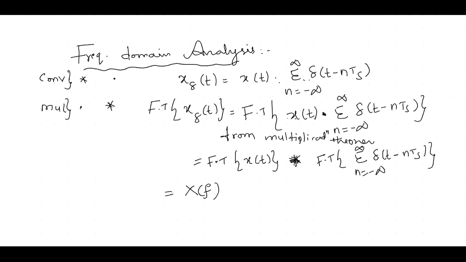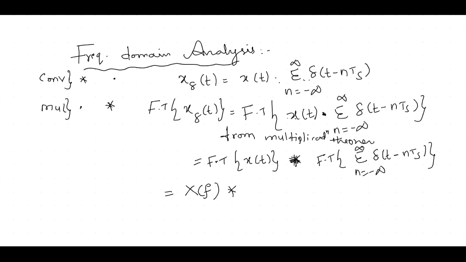And X of f is convolved with Fourier transform of summation n equal to minus infinity to infinity delta of t minus nTs. Periodic signal. Fourier transform of a periodic signal is different from a normal signal.